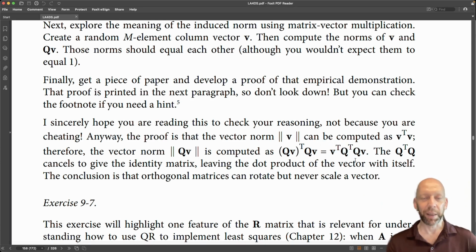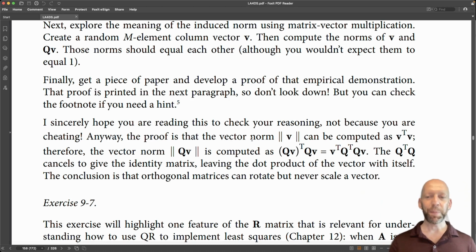And now the trick, which isn't really a trick, but a little bit of insight, is to, instead of associating these two items together and these two items together, associate the two Q's in the middle together. Now we know that Q transpose Q is the identity matrix. So that means that the magnitude of Qv is the same thing as v transpose times v, which is the magnitude of v.